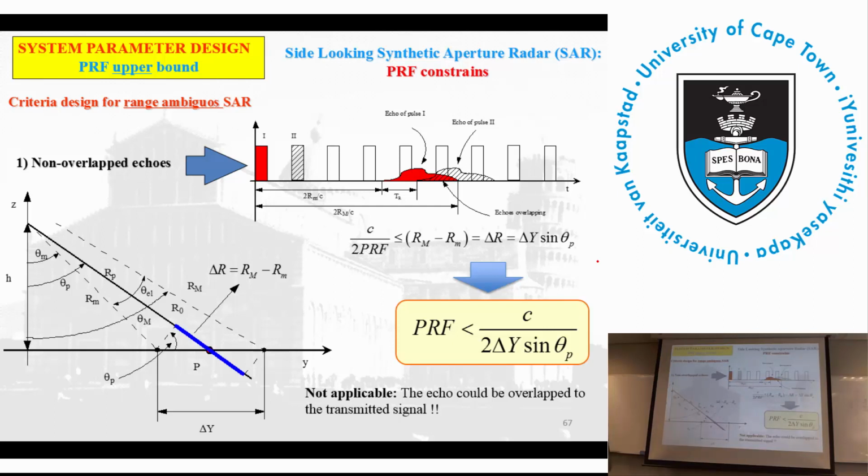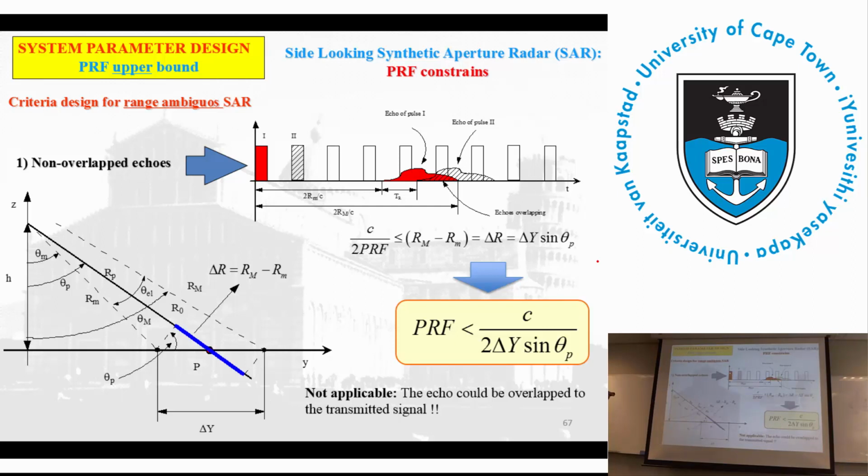So what do I have to avoid then? I have to avoid these two echo supports. When I say support, it is the extension of the echo domain. So two adjacent supports must not overlap.